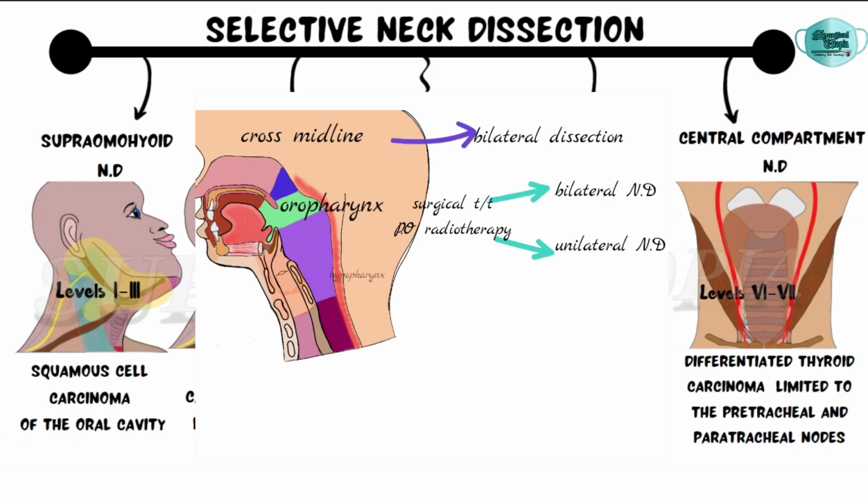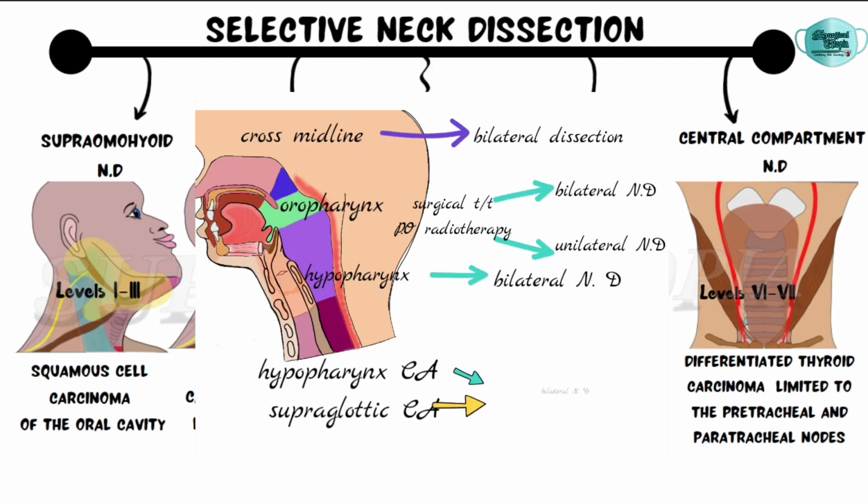If there is cancer of the hypopharynx, then lateral neck dissection on both sides of the neck will be done. In cases where there is cancer of the hypopharynx and supraglottic and advanced glottic cancers are present, lateral neck dissection on both sides of the neck will be done.